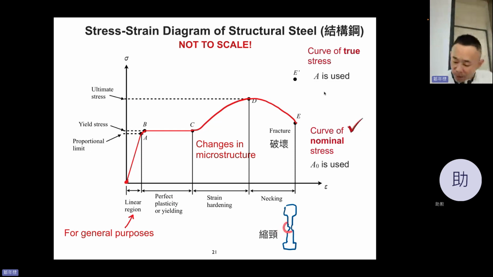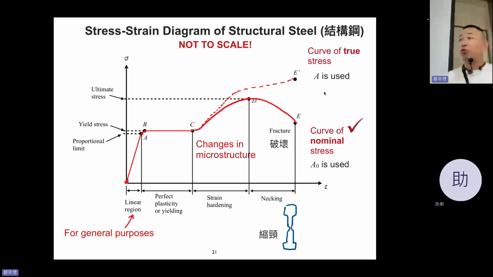So if we use the current cross-section area, the line should become higher, especially in this range, because the area shrinks, which means the stress is divided by a smaller value, so you will have a higher true stress. Can you understand that? Do I need to translate that?